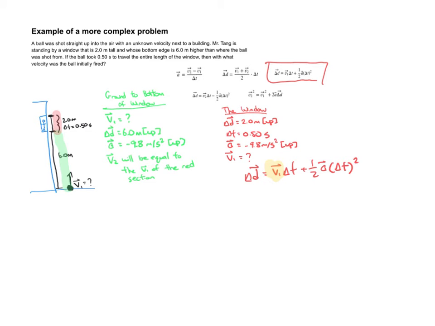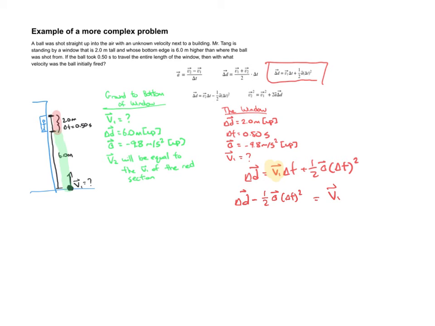Okay, I'm going to start by subtracting the half a delta t squared on both sides. And then after subtracting, I'll be left with v1 delta t.